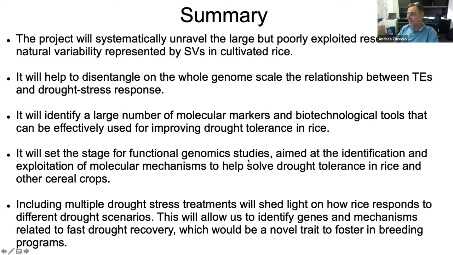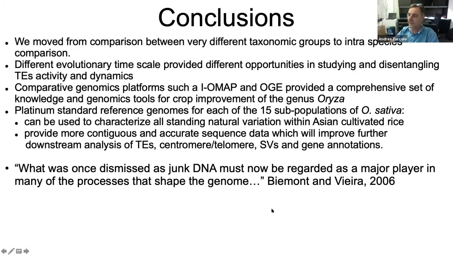The data will set the stage for functional genomic studies aimed at the identification and exploitation of molecular mechanisms. And it's worth noting that we will analyze different kinds of drought stress. And so this possibly will allow us to identify genes and mechanisms related to fast drought recovery. And this would be a novel trait.